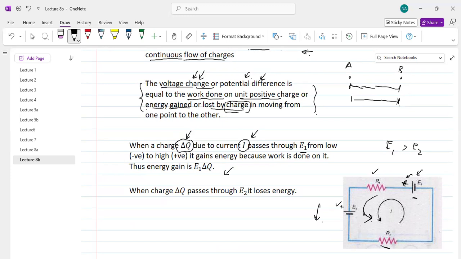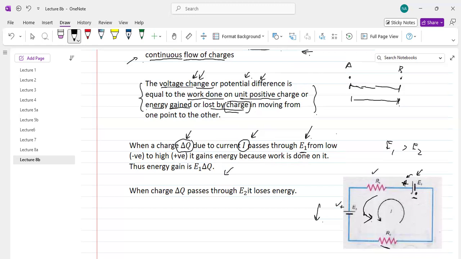In this case, we assume that current I flows through the circuit, and from this we know that the flow of current means flow of charges. So for the present case, we assume that delta Q charge passes through the EMF E1 when the current through the circuit is I, and suppose that this current flows from low potential to high potential.